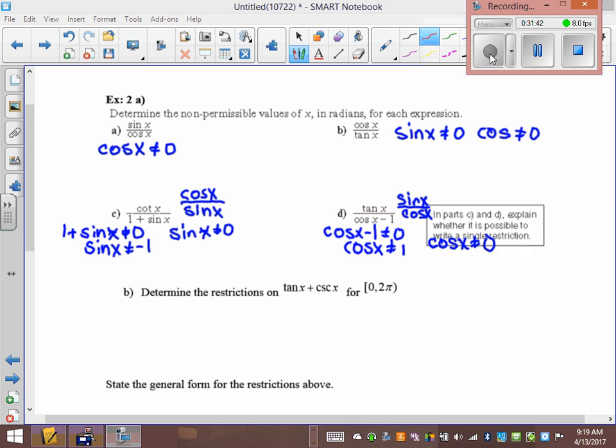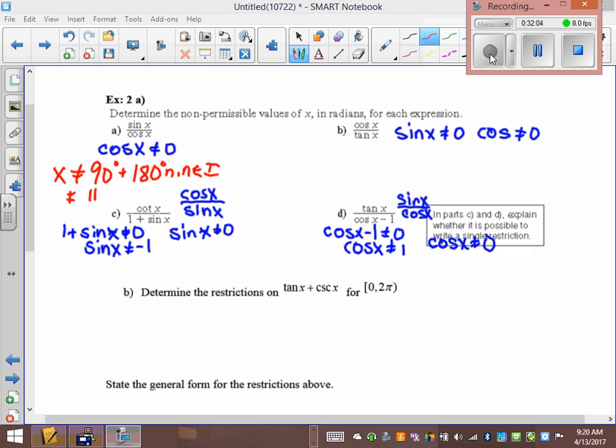Okay. Cosecant equals 0 where? Where does x equal 0? 90 degrees. X can't equal 90 degrees plus 180 degrees n, n an integer.